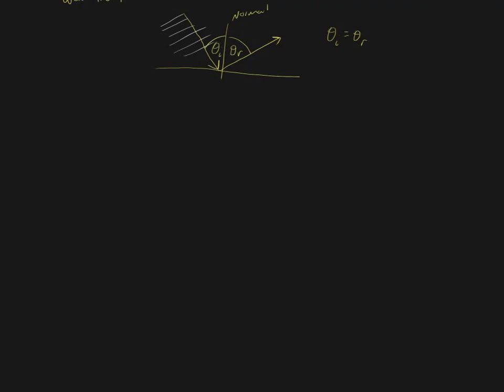Now, the other thing waves can do is they can overlap. And in the world of physics, we call that superposition. And basically, that's what happens whenever two waves are occupying the same space at the same time.